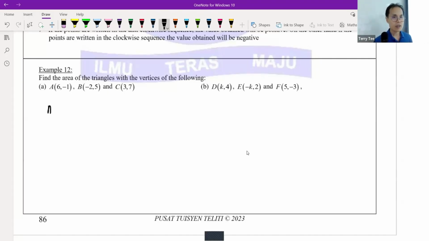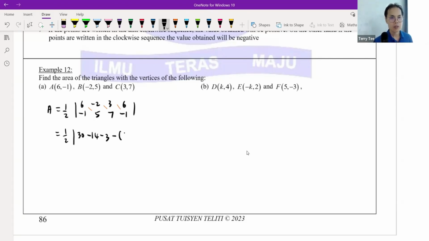So here, area is now half x1, y1, x2, y2, x3, y3, repeat point number 1. So this is half 6 times 5. That will be 30 minus 14 minus 3, minus the other way up, which is 2, 15, and 42.